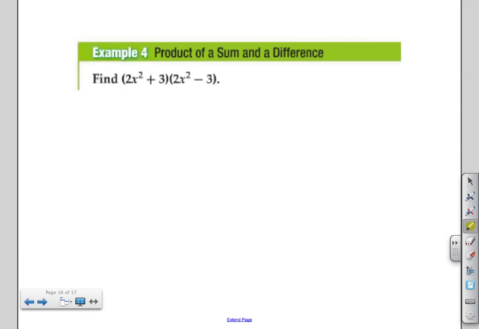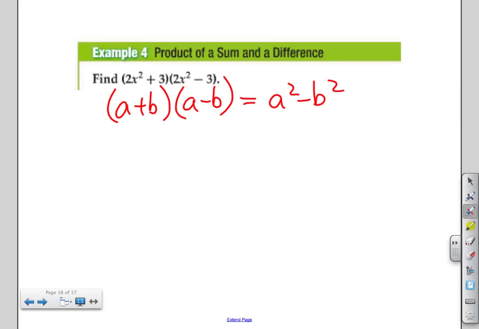Okay, so here we have one. We have 2x squared plus 3 times 2x squared minus 3, all right? So our terms have gotten a little more complicated, but the process is exactly the same, right? We have a plus b times a minus b, and that's going to equal a squared minus b squared. Now let's substitute in what we have.